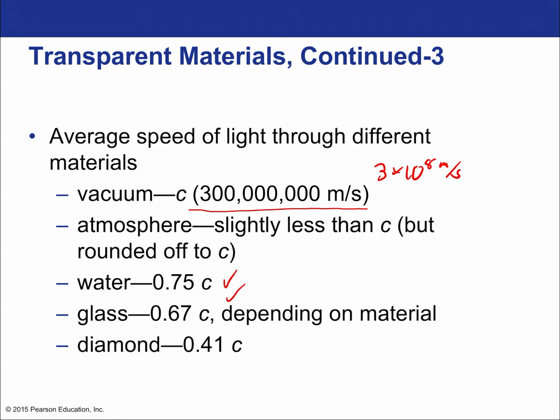In glass, about 67% that speed. It does depend on the type of glass. And then one of the slowest speeds of materials that are transparent to visible light, diamonds, the light only travels at 41% the speed that it would in a vacuum, right? So very, very, very slow. And that's due to the dense structure of the diamond.